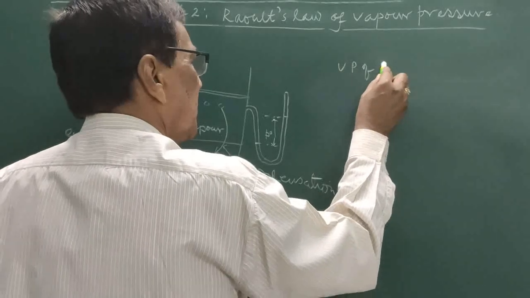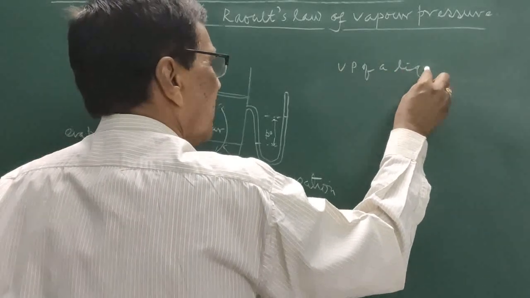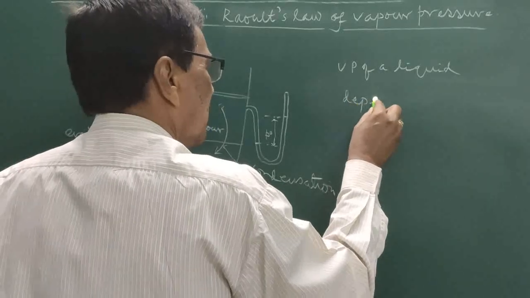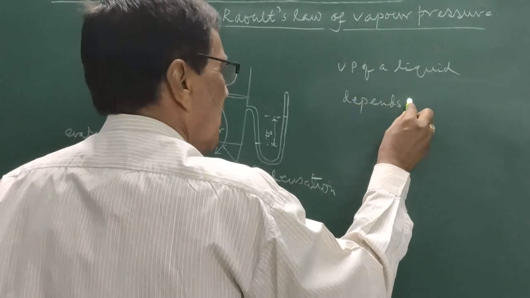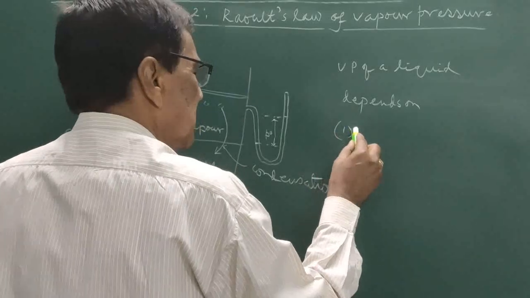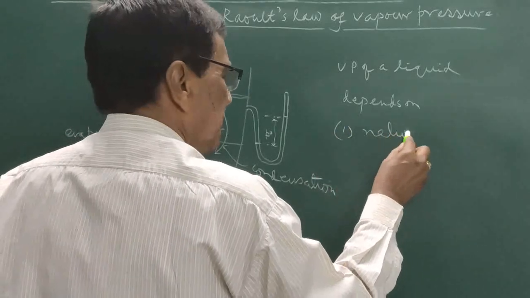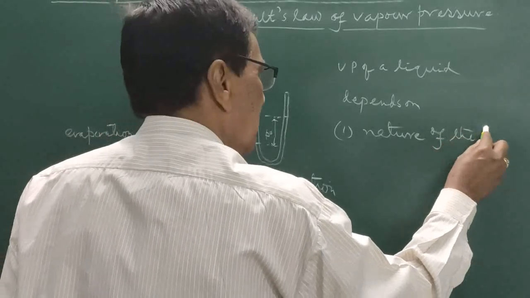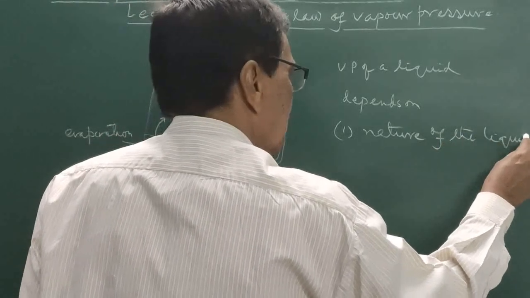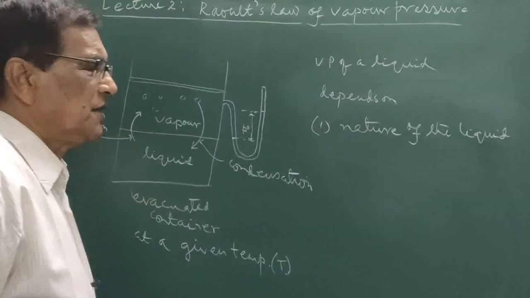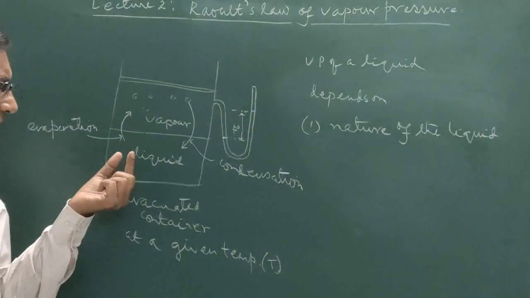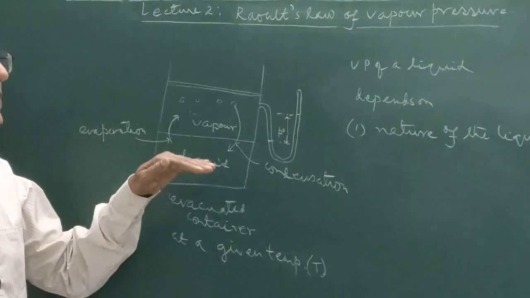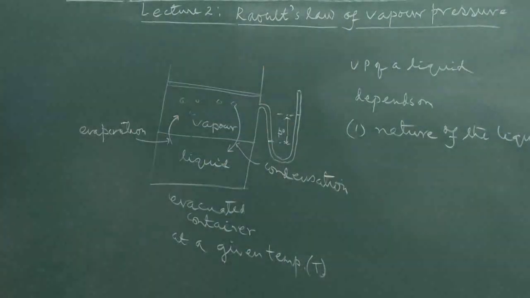Vapor pressure of a liquid depends on, one, the nature of the liquid. If the liquid has lower intermolecular attraction, this liquid will be more vaporized.